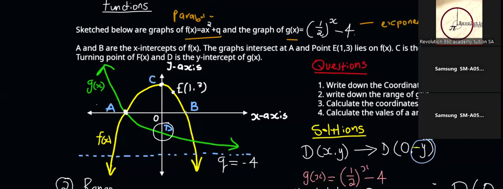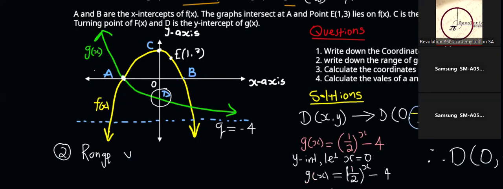Since they want the range, and you know that the range is all possible values of y, you're just going to say y is an element of real numbers, where y is not equal to negative 4.